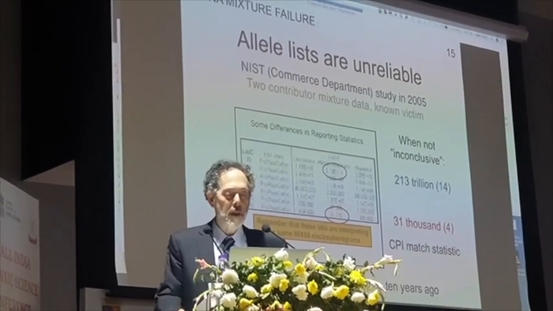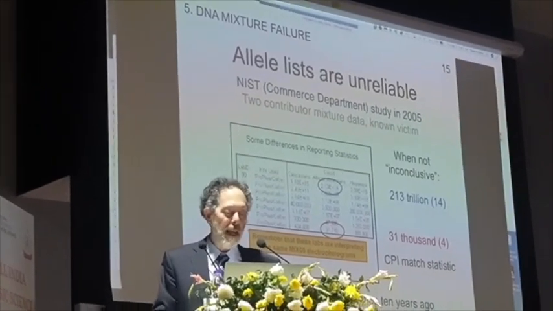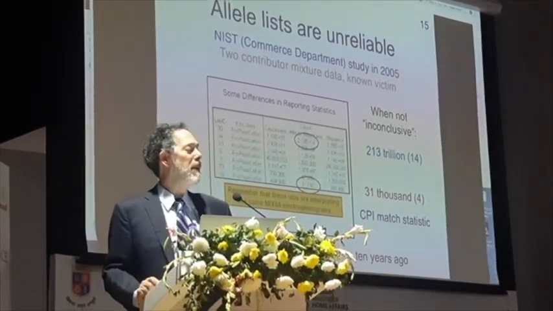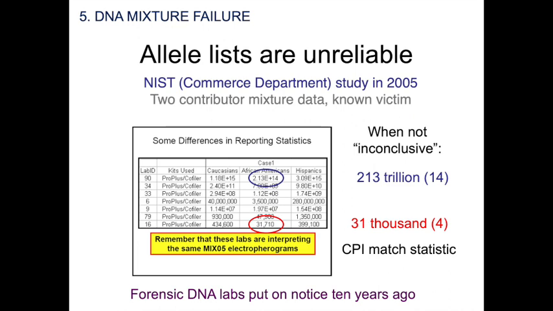And the reasons for this DNA mixture failure are well known. In the federal government in the US, the National Institute of Standards and Technology started doing studies. In 2005, almost 20 years ago, they released a first study that showed with a very simple two-person mixture, most labs called it inconclusive. I think about 70 labs were in the study.